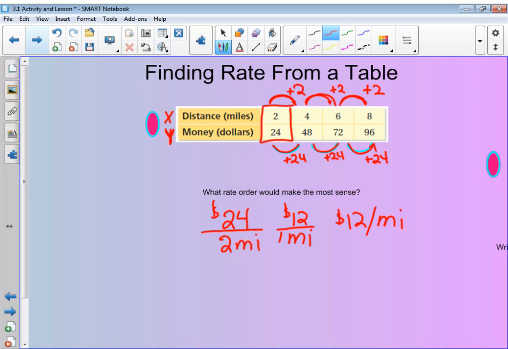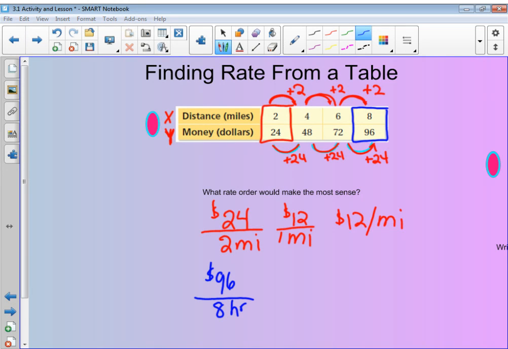Okay, so just to prove on this one, and this is the only one I'll do it, had I picked a different set of these numbers, maybe I picked, we'll do this very last one. Had I worked with that one, let's see if we get the exact same rate. So here I would do my $96 per 8 hours. Okay, so let's check our division on that.